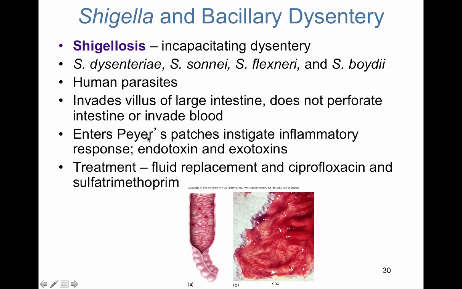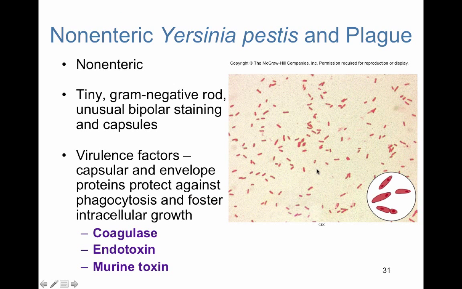They will enter the Peyer's patches and release toxins, so endotoxin, exotoxin. Usually people who are infected require oral rehydration therapy, fluid replacement, and then similar antibiotics, sulfa drugs, and Cipro can be used to treat these infections.